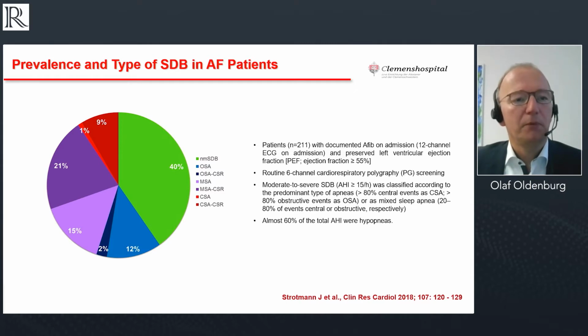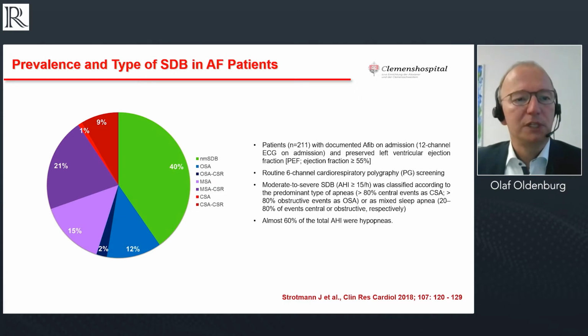And the main thing we found here is that 40% of these patients had no or only mild sleep disorder breathing. Looking in detail, we found only 12% having pure obstructive sleep apnea.